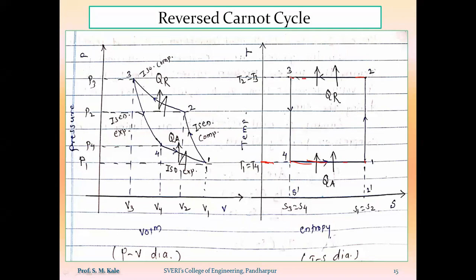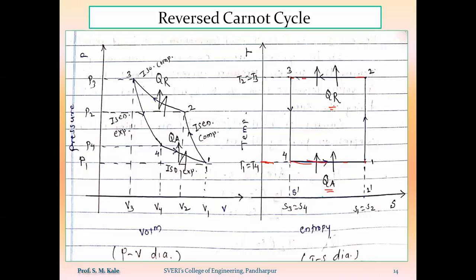T2, which is equal to T3, is the highest temperature at which heat will be rejected to the surrounding.